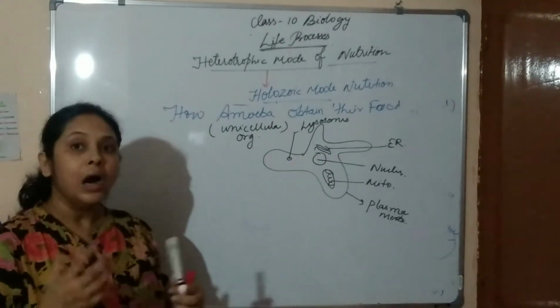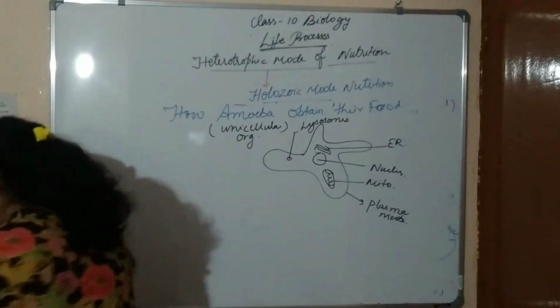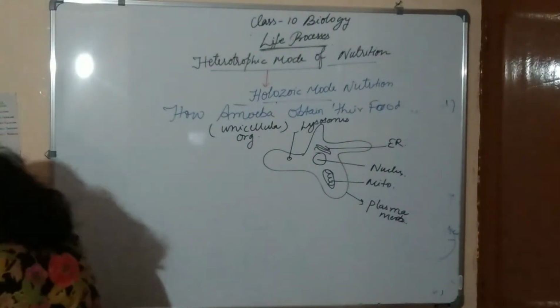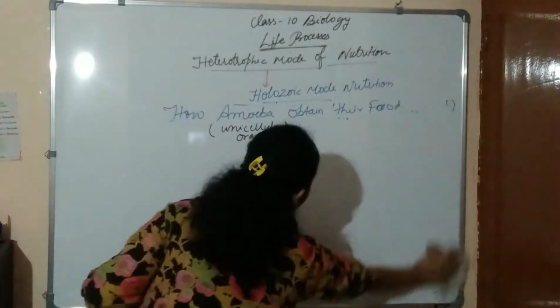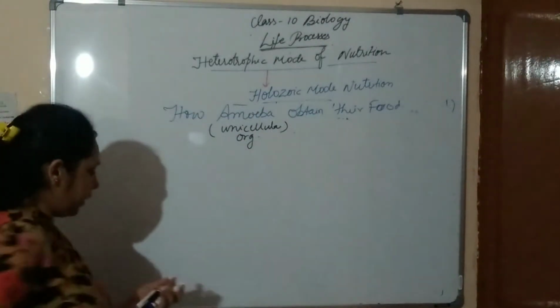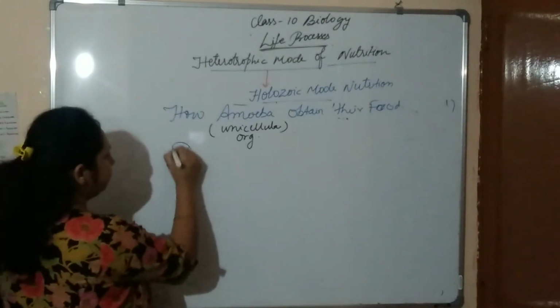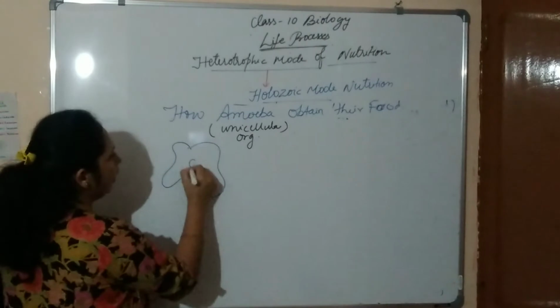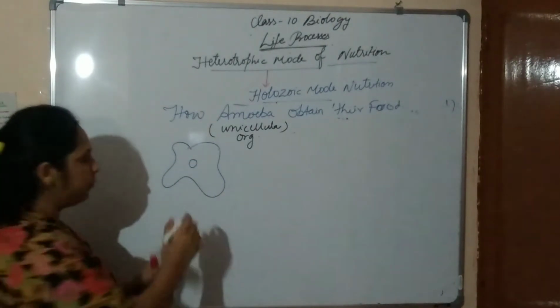So let's see how the amoeba obtains its food. Let's take this amoeba, the nucleus. This is the simple, irregular structure of amoeba.